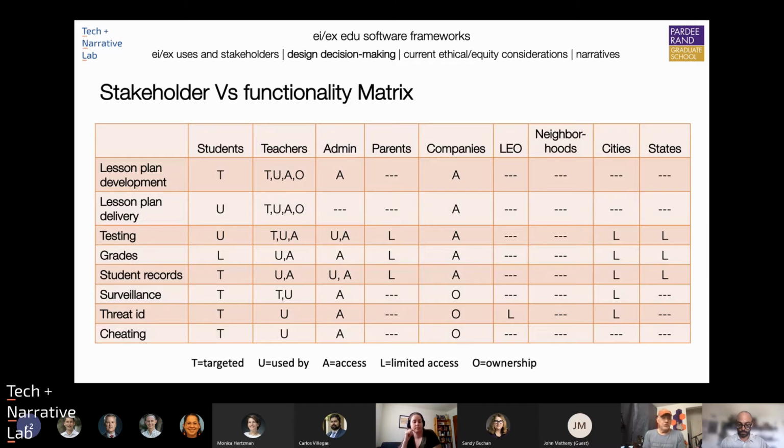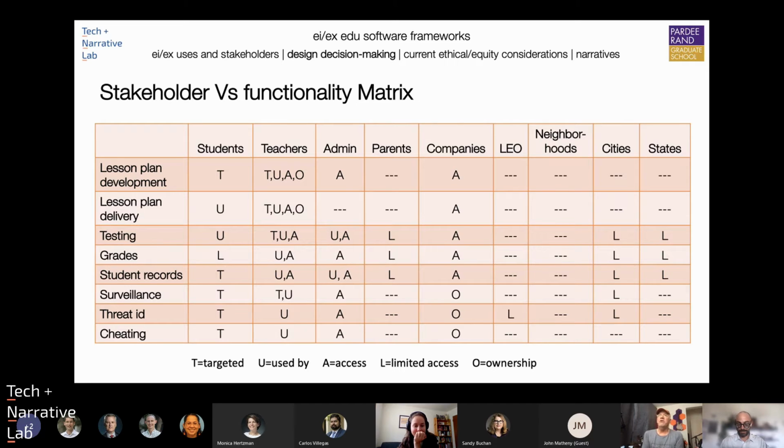So this is a rough prototype: if we've got a group of stakeholders and a group of capabilities, can we start to map out the landscape to understand the relationships between the stakeholders and the capabilities being presented? At RAND we do matrices because that's the way we like to frame things.